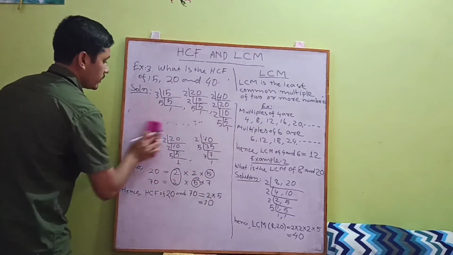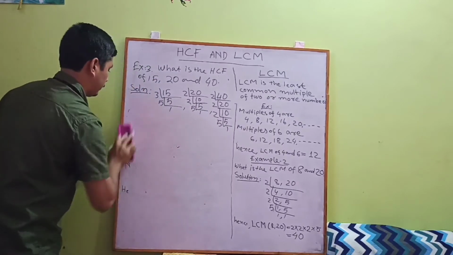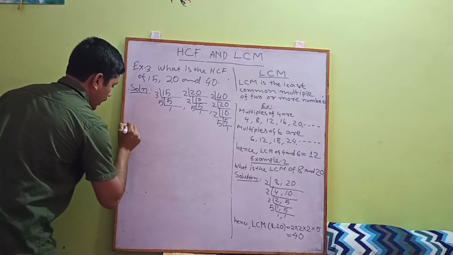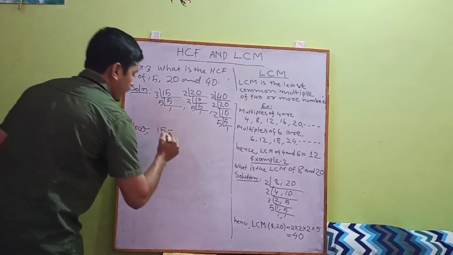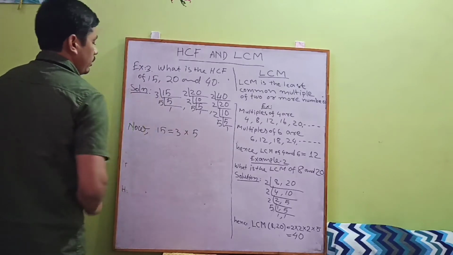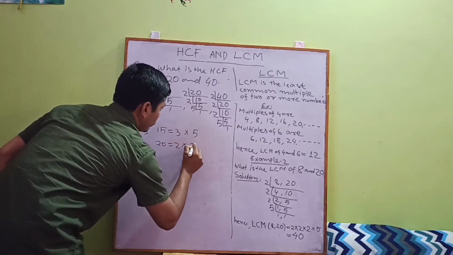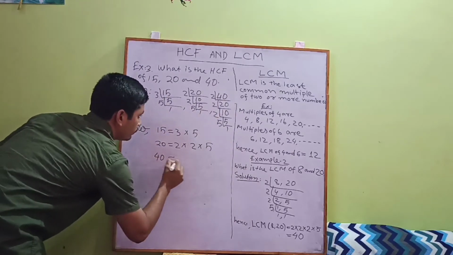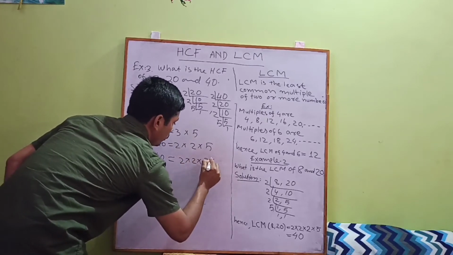Now look. We write here 15, and the prime factors of 15 are 3 into 5. We do not need to write 1. 20: the prime factors are 2, 2, 5. Like this, 40: all the factors of 40 are 2, 2, 2 and 5.